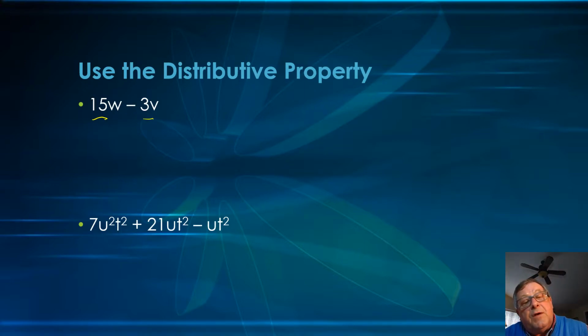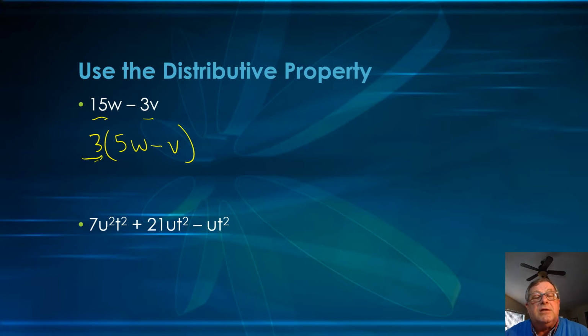And if we do, then we've got 3 times 5w minus v. And if I were to distribute that 3 back to the 5w minus v, I'd end up with 15w minus 3v. And so we factored out the greatest common factor, which in this case is a 3. And you'll see the importance of this just a little bit later on.